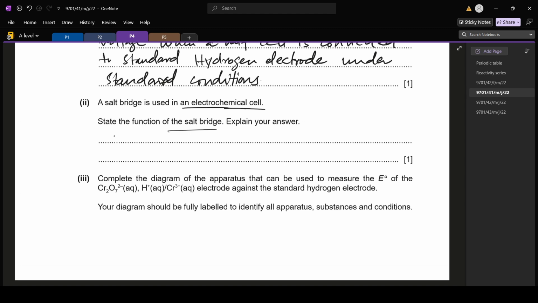So ions move from the salt bridge to maintain charge balance.